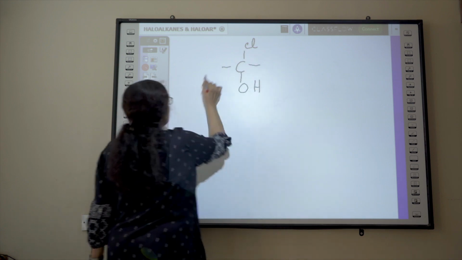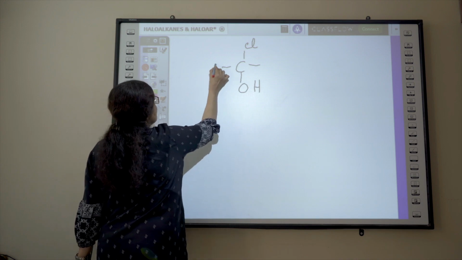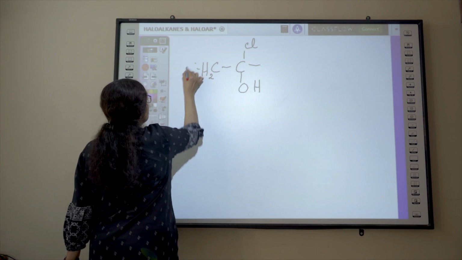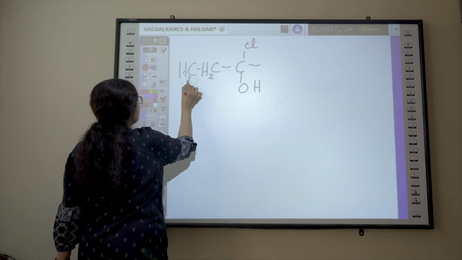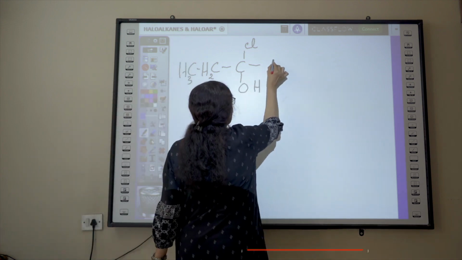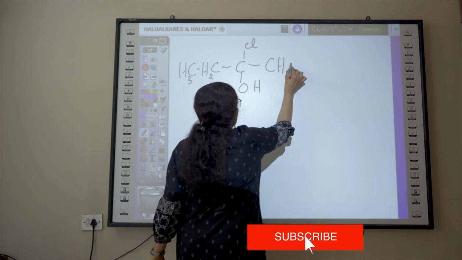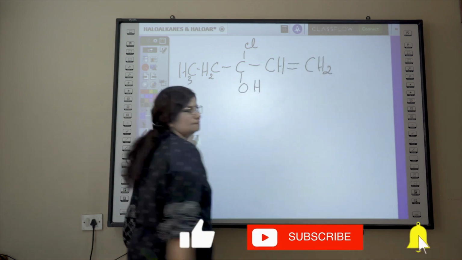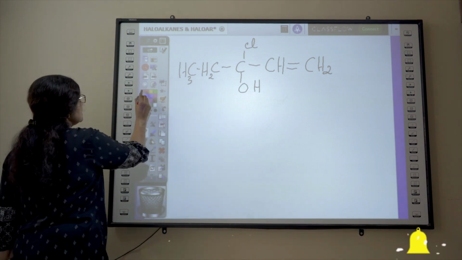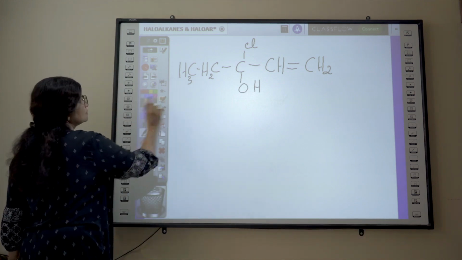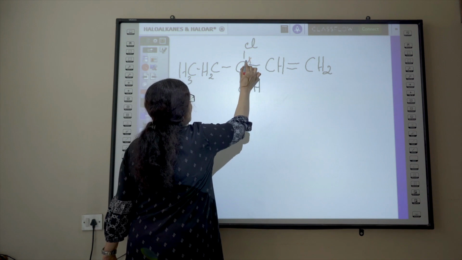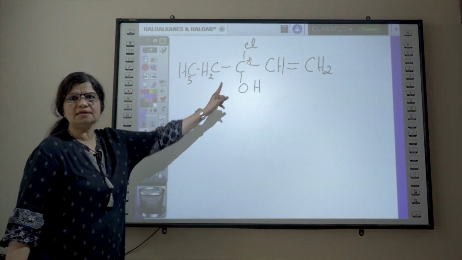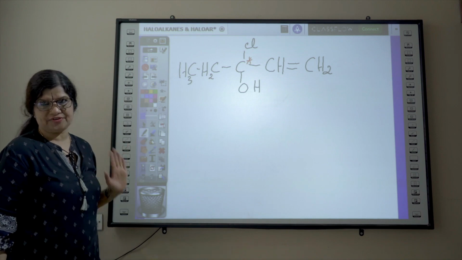Here we have a CH2CH3 ethyl group, and here we have CH double bond CH2. This is the chiral carbon, the asymmetric carbon. These are the 4 groups around the asymmetric carbon which are different.